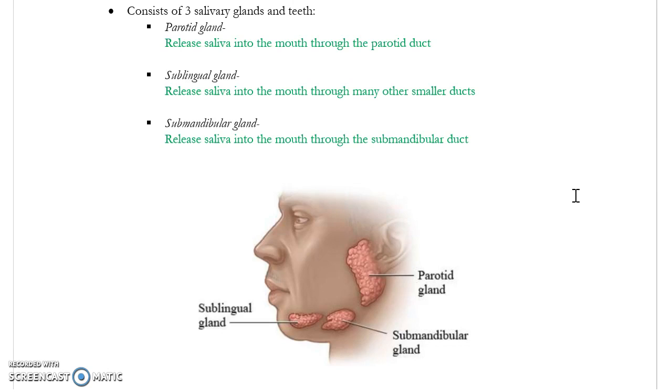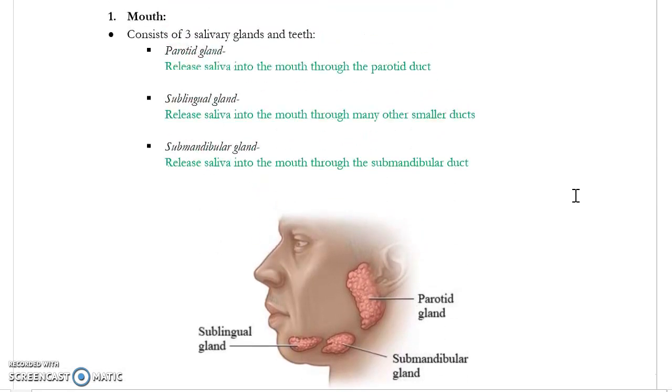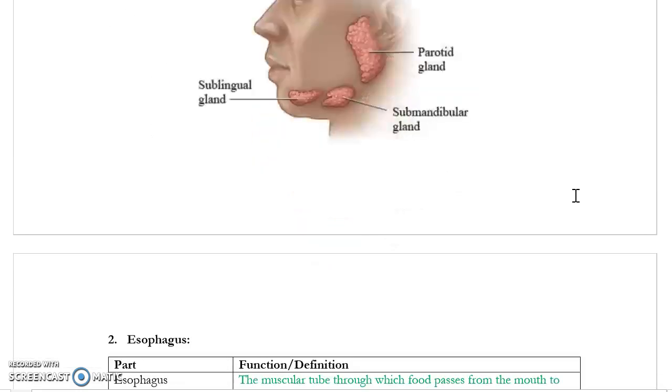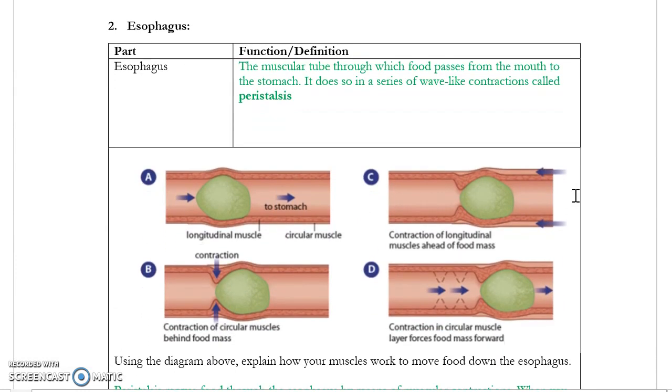So once the food goes through your mouth, it then goes down. It's been chewed up, mixed with saliva, it's been ground up by your teeth, and then it goes through your esophagus. Okay? And your esophagus is a muscular tube which food passes through. And think about how it moves food down. For one, there's gravity.